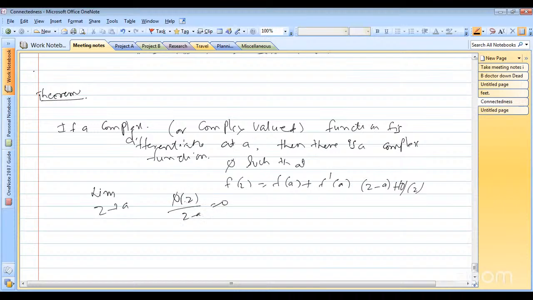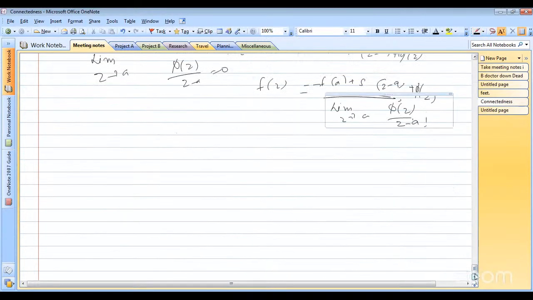Conversely, if there is a complex number s and a complex function phi such that f(z) = f(a) + s(z − a) + phi(z), where the limit of phi(z)/(z − a) is 0, then f is differentiable at a, and f'(a) is equal to s.